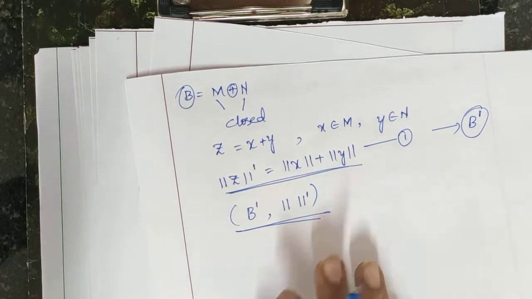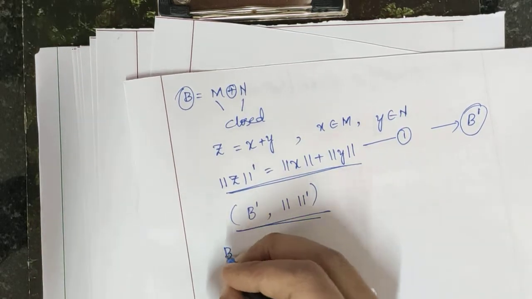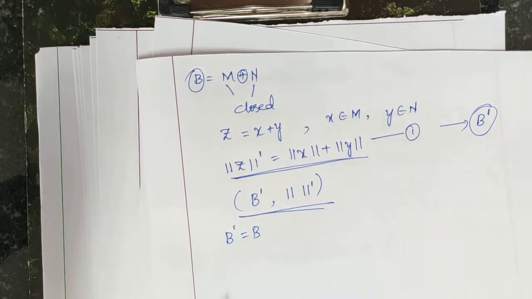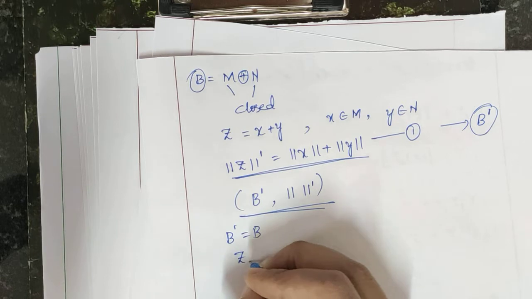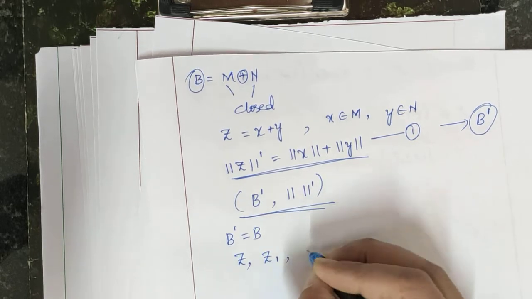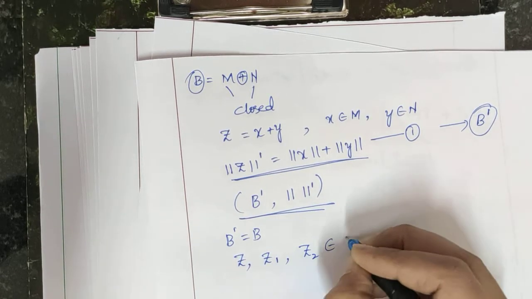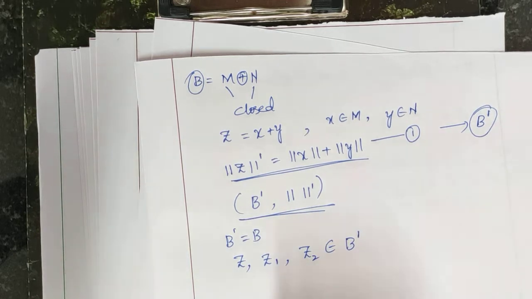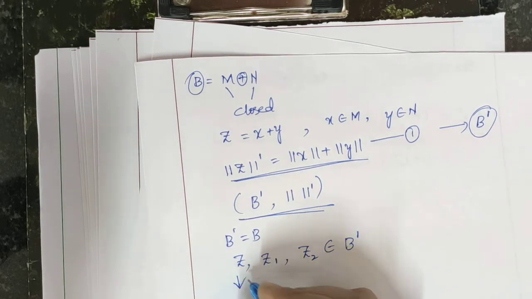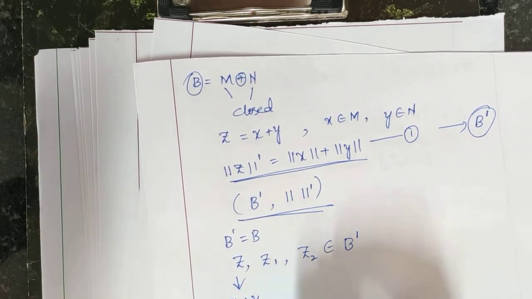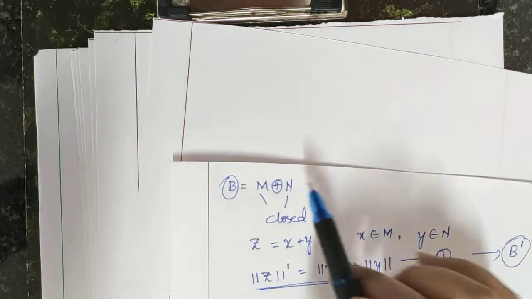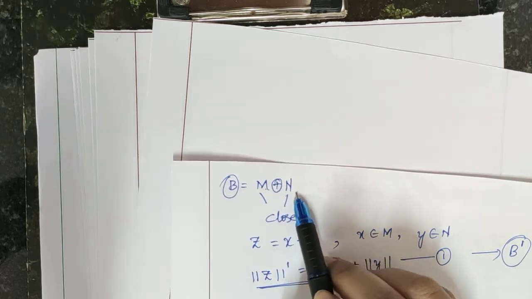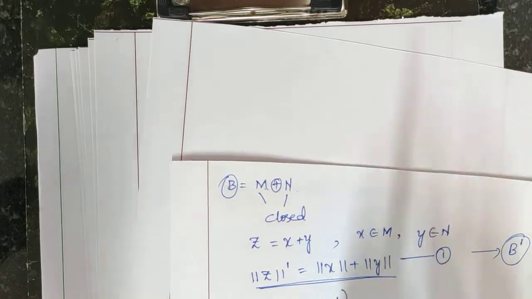Where B prime is equal to B. Now let's consider elements Z, Z1, Z2 that belong to B prime. But we know that I can represent Z as X plus Y, and this X plus Y are coming from the direct sum M and N, and that belongs to B. So B is equal to B prime.